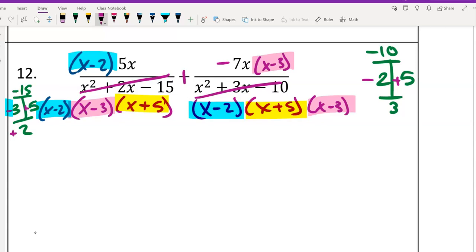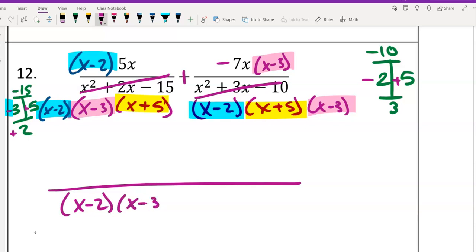Now that our denominator has blue, pink, and yellow, x minus 2, x minus 3, x plus 5, we can make a big fraction all over the denominator.